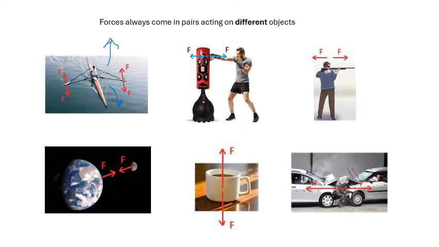This is why we have tides. The cup on the table: the cup is pushing down on the table and the table is pushing up on the cup. Two equal and opposite forces. The two cars colliding will exert an equal and opposite force on each other for the same amount of time, so their change in momentum will be the same.